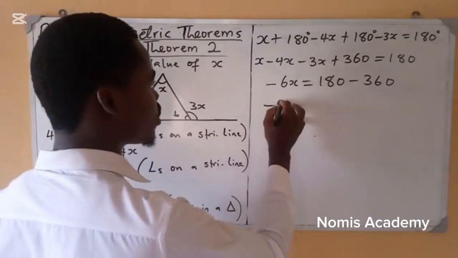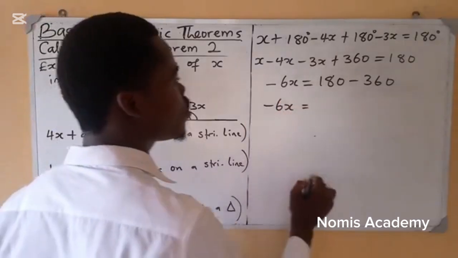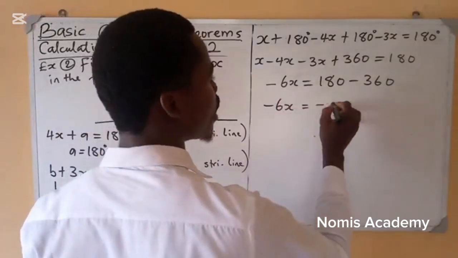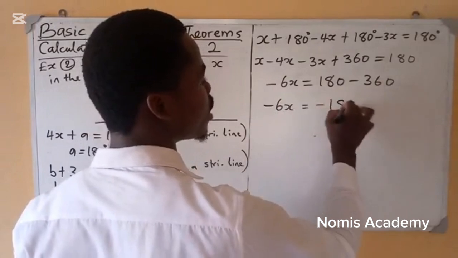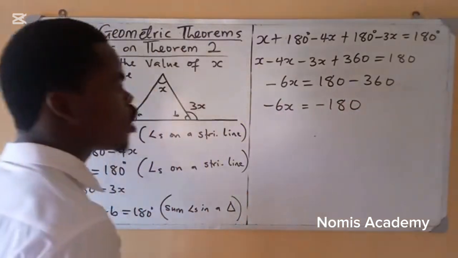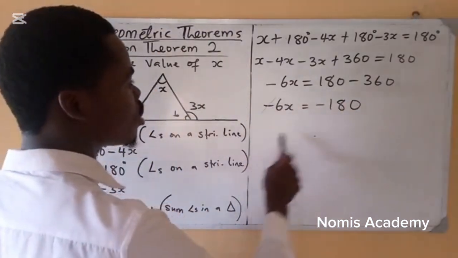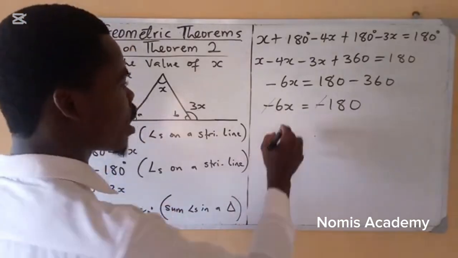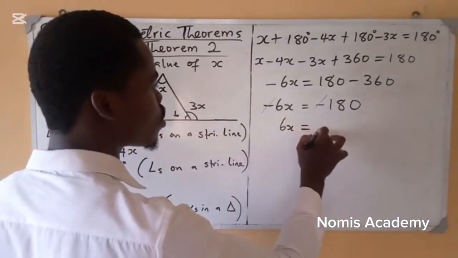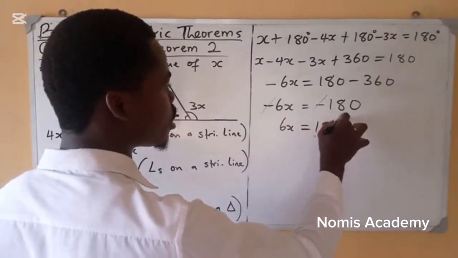Here we have minus 6x equal to minus 180 degrees. Of course, the minus can cancel out the minus. We have 6x equal to 180 degrees.